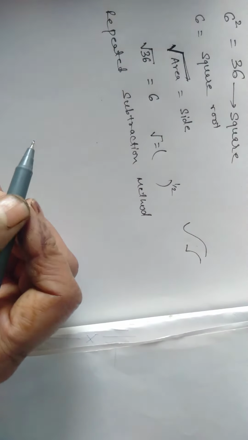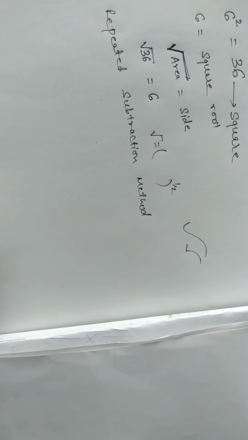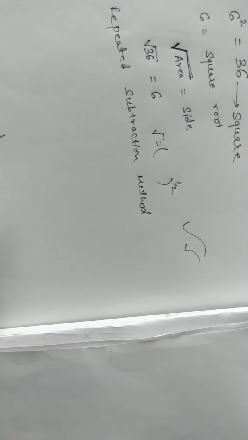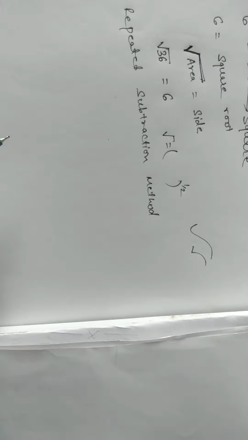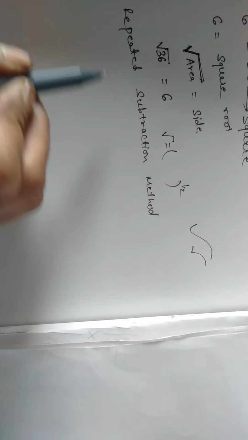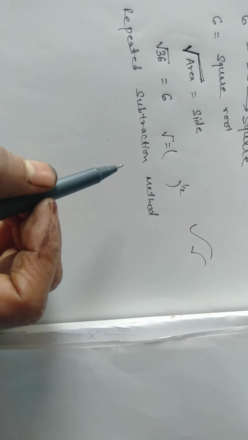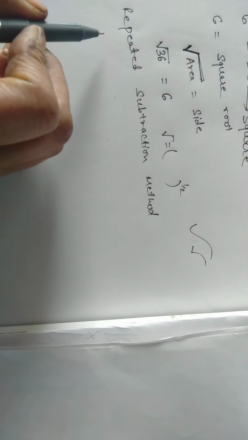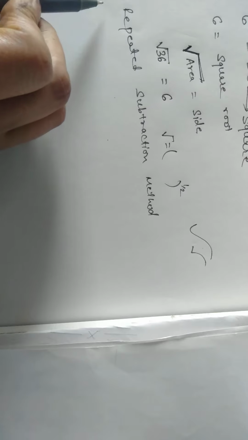In this method, we repeat the subtraction. Subtraction of, not the even, subtraction of odd numbers from the number, starting from 1.